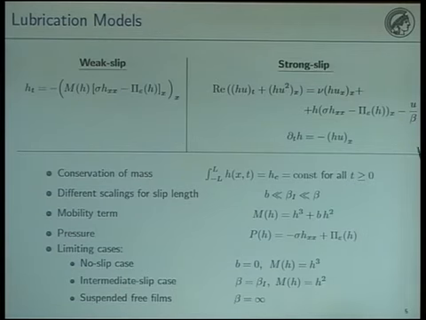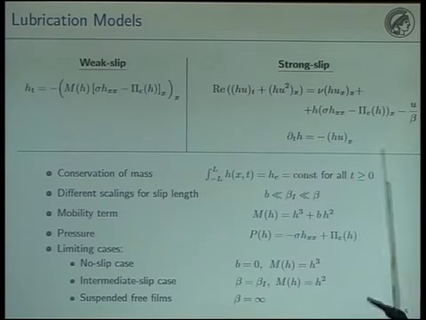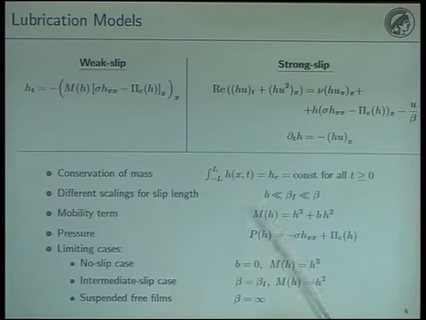It's a coupled system of a transport equation for h and a momentum equation for u, where u is the averaged lateral velocity of the fluid. Both equations possess a conservation of mass, and both they derive from Navier-Stokes, but under different scalings of the slip length.